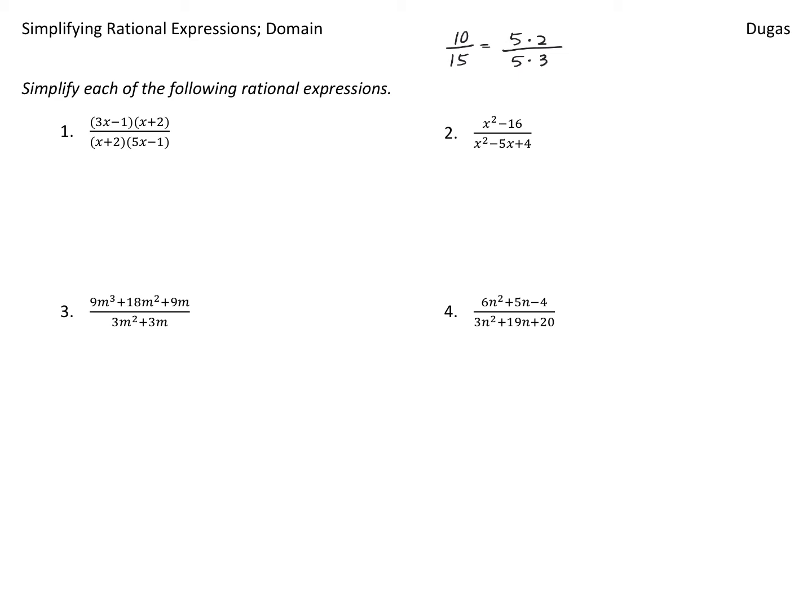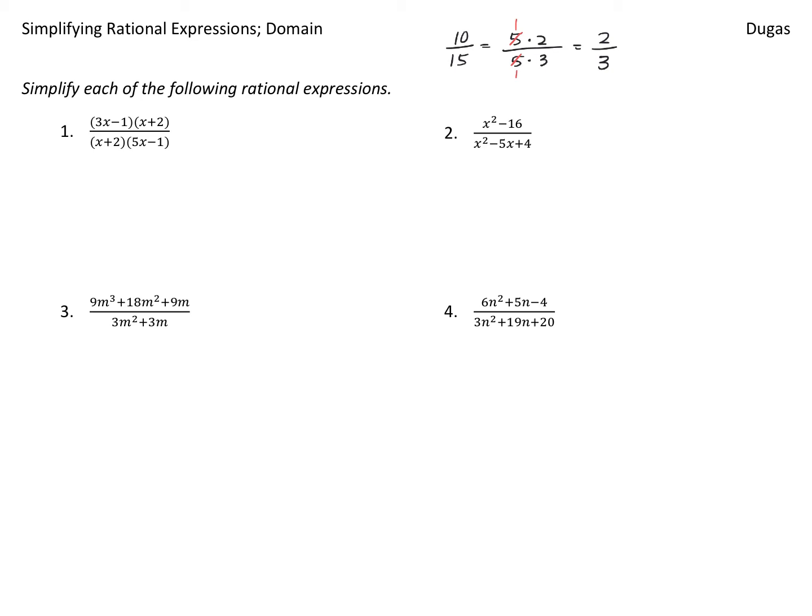And 15 you could write as the factors 5 times 3. Well, 5 divided by 5 is 1. Those divide out. So now you just have 1 times 2 on the top, and if you multiply those together, you get 2. And on the bottom, you have 1 times 3, which is just 3. And so 10 over 15 reduces to 2 over 3.